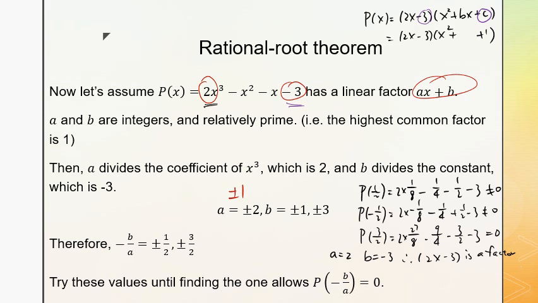And how can we decide the middle term? We know the coefficient of x in our original function is -1.